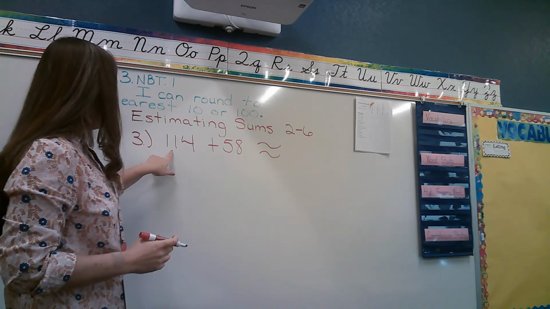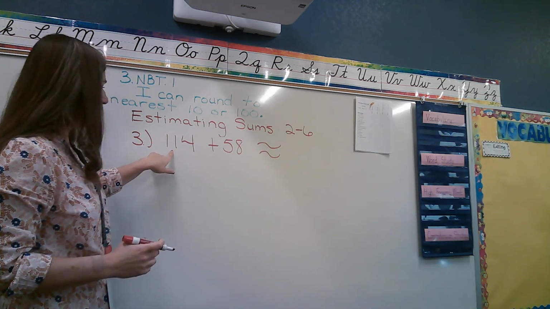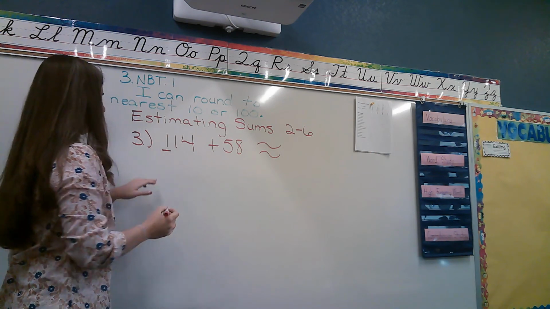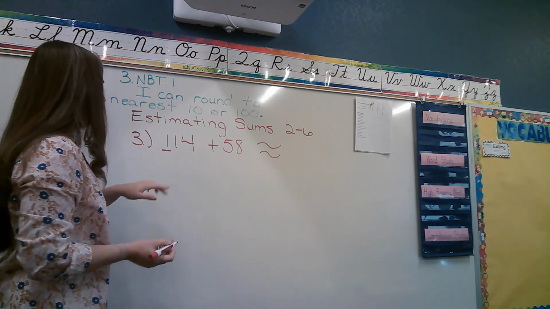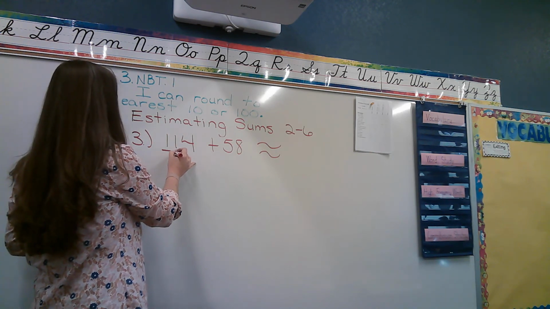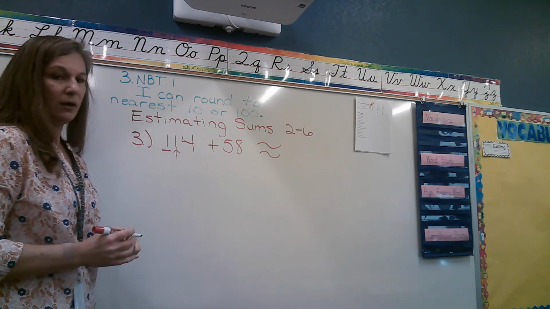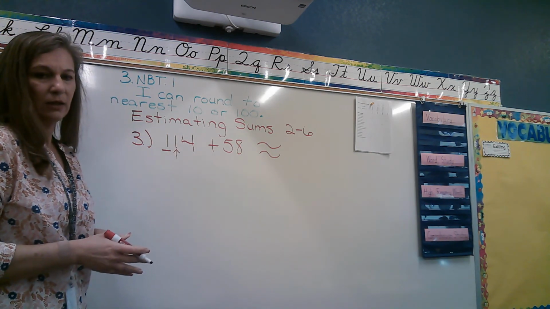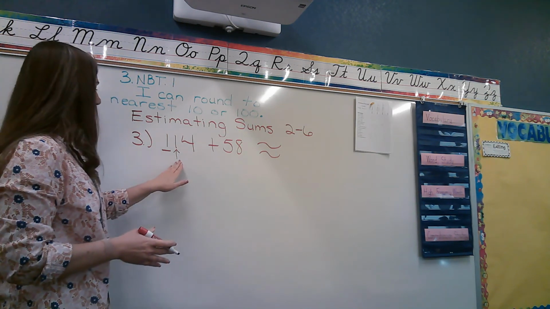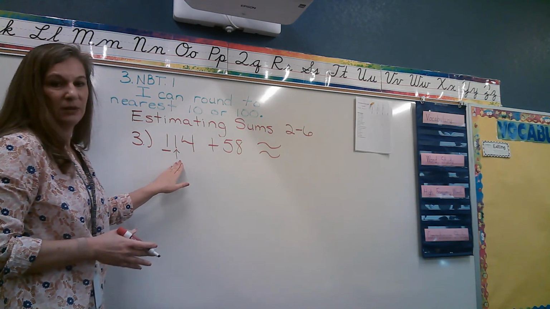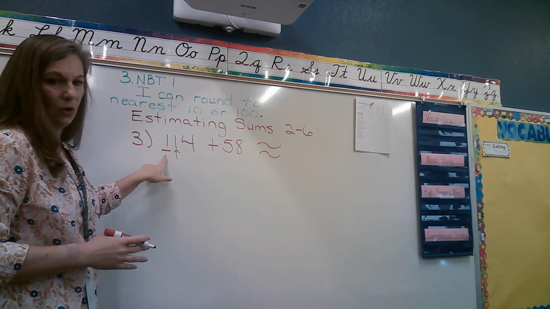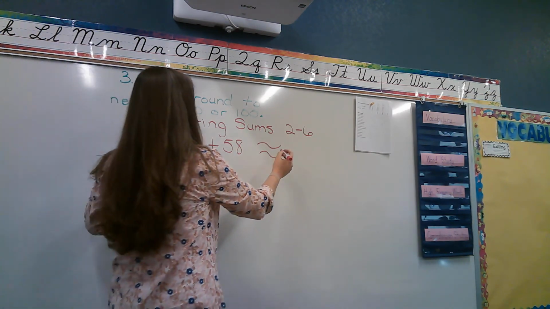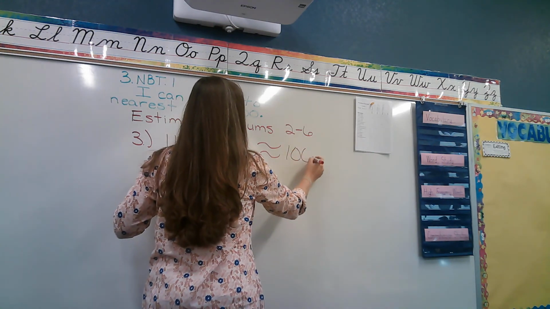So if we look at 114, our 100s place tells us it's going to be between 100 and 200. We look at the tens place, and remember, 50 is right in the middle of 100 and 200. So if 14 is going to be less than 50, that tells us we're going to round to the lower 100, and so we would round to 100.